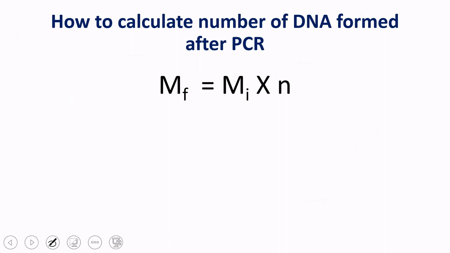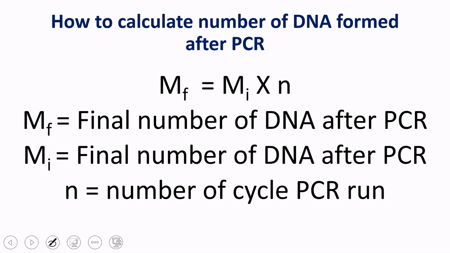Now, how do we calculate the total DNA formed after n number of cycles? For that we have a formula: mf equals mi multiplied by 2 to the power n, where mf is the final number of DNA. How many DNA will be formed after n cycles?